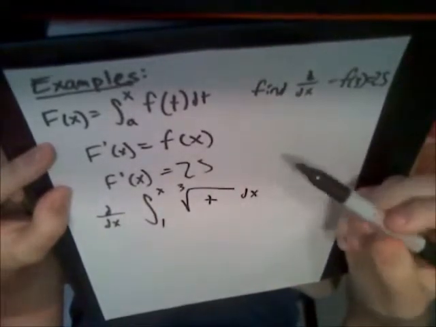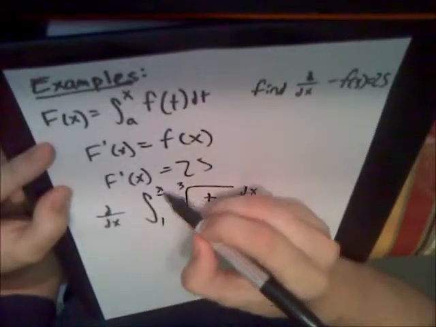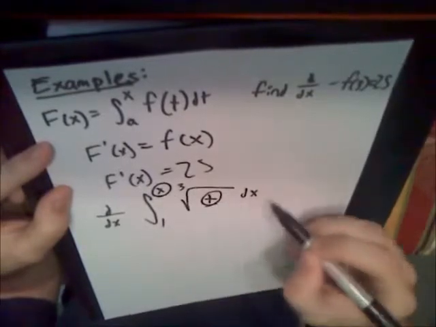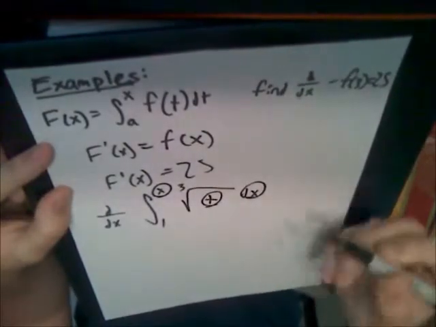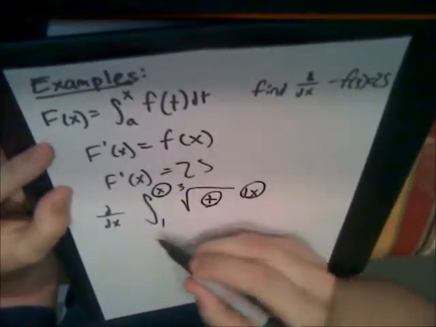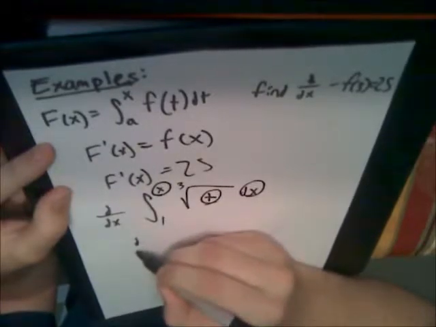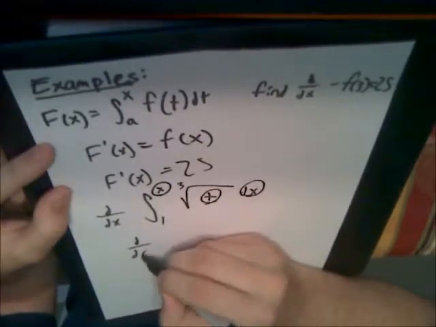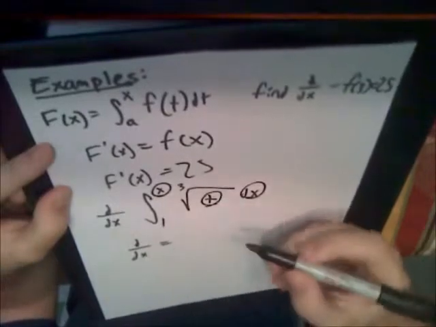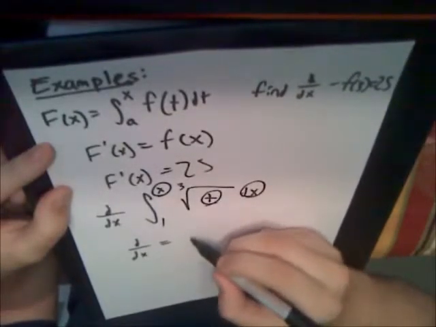And like I said, all you have to do is substitute your x for t. So what you'll end up with is the derivative of your antiderivative is equal to the cube root of x.